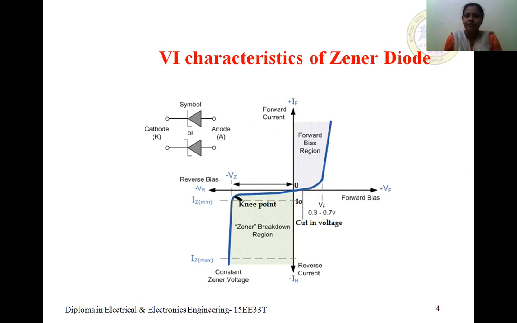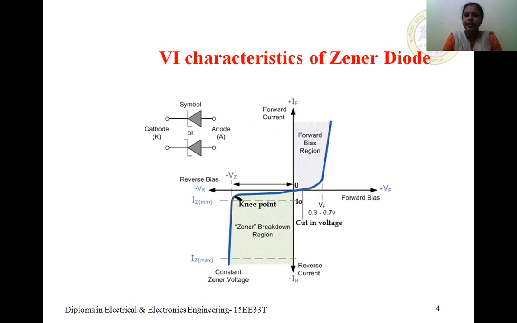You can see here, VF is on the V axis. In this axis, VF is the forward voltage, VR is the reverse voltage, IF is the forward current, and IR is the reverse current.